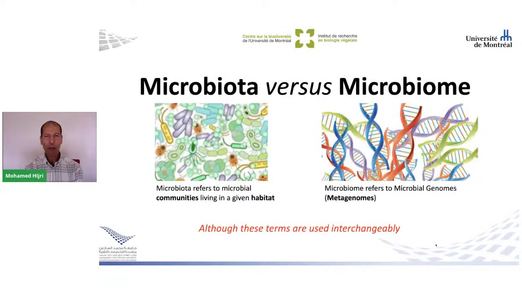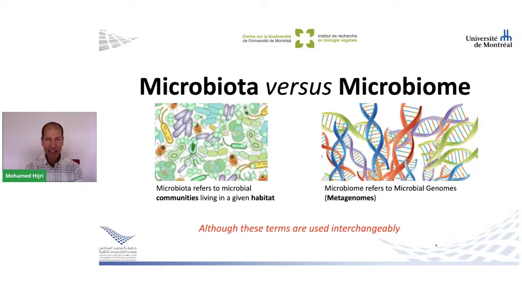So, microbiota versus microbiome. If you consult the literature, you will find both of these terms used commonly. So what do they mean? Microbiota normally refers to the microbial communities in a given habitat. In soil, for instance, microbes do not live alone, they live in a community, and this is really important to understand.